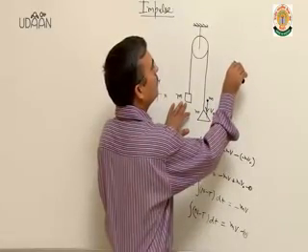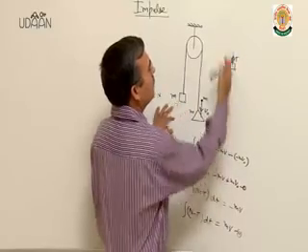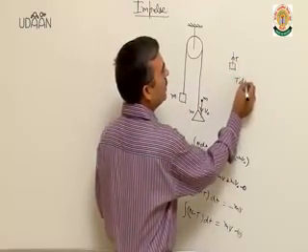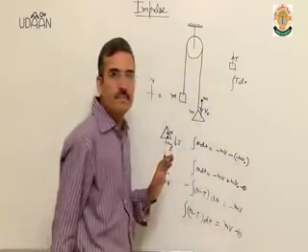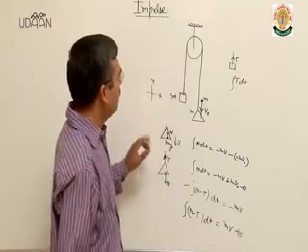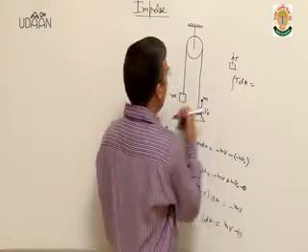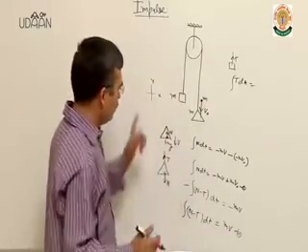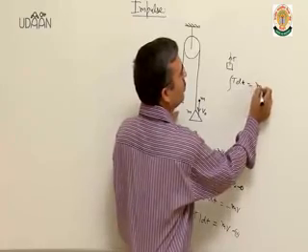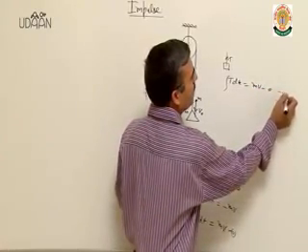So on this block tension increases upward, so integration T dt, how much and in which direction, children? Vertically up. Good. Initially it is at rest, finally it moves with speed v upward, so m into v minus 0, that is the third relation.